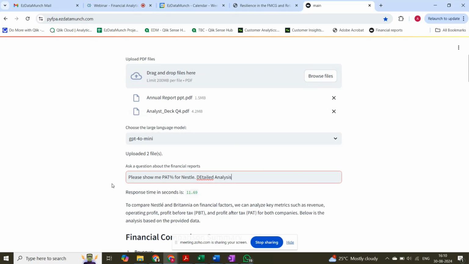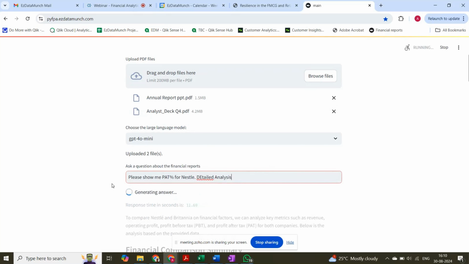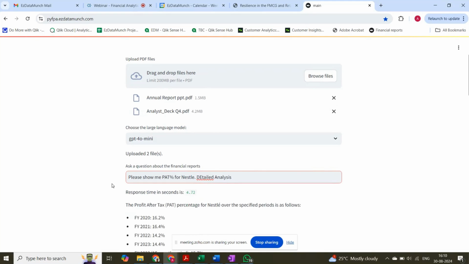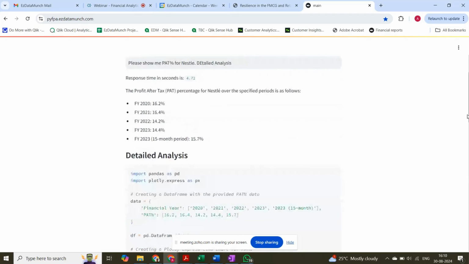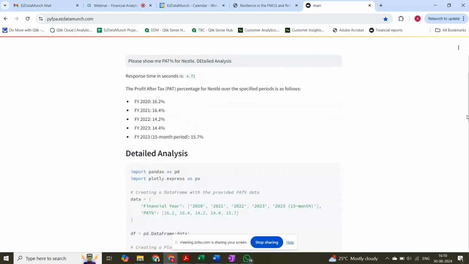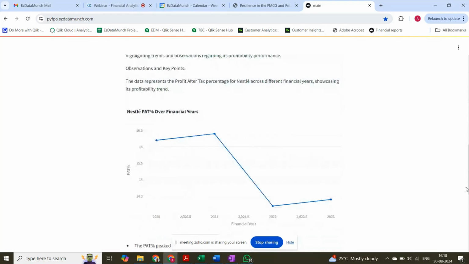And I press return. So it's now showing me what the PAT percentage for Nestle is, showing me year-wise what it was.